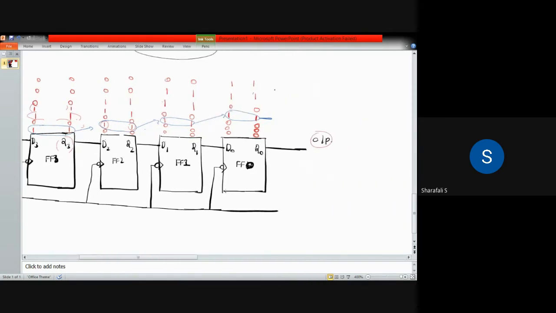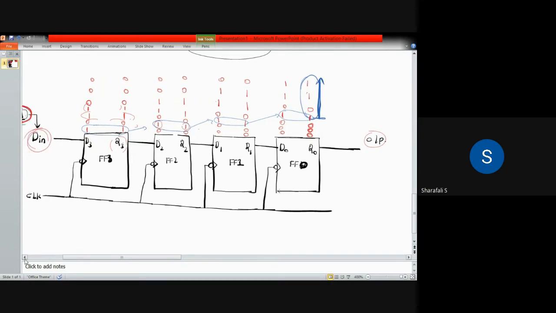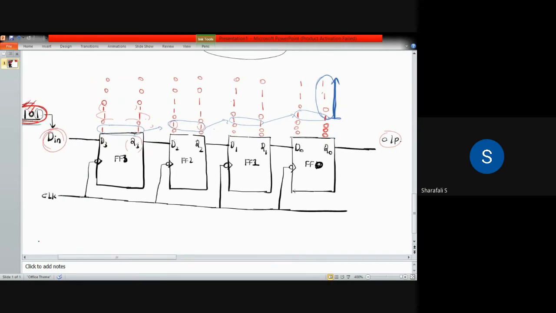So you have to consider it like this. You can see this is 101. Your output is 101. So this is how the serial in serial out shift register works.